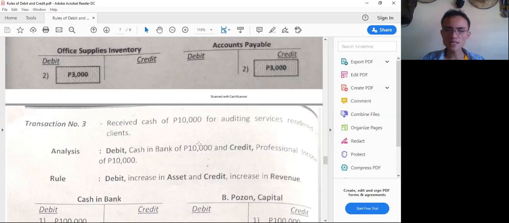And then what is being let go, or what is the partner? It's the auditing services rendered. So in other words, there would be an income. Income will be earned or generated or recognized, as used in accounting, when we have 2 situations.